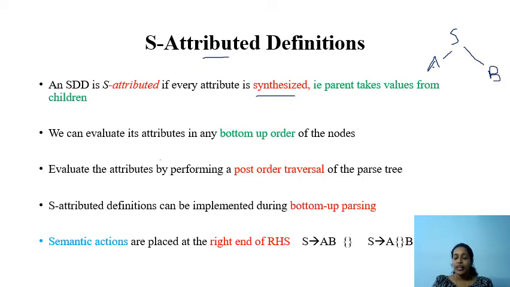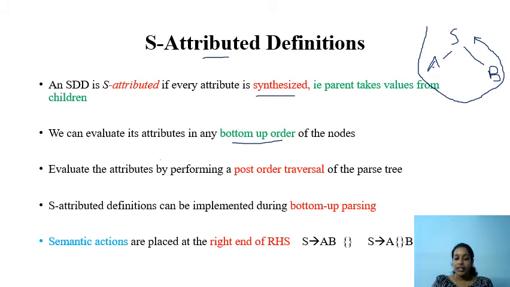In which order can we evaluate this parent? Before evaluating the parent, A and B have to be completed. That means it proceeds in the bottom-up direction. So we can evaluate these attributes in bottom-up order of nodes, by performing post-order traversal.